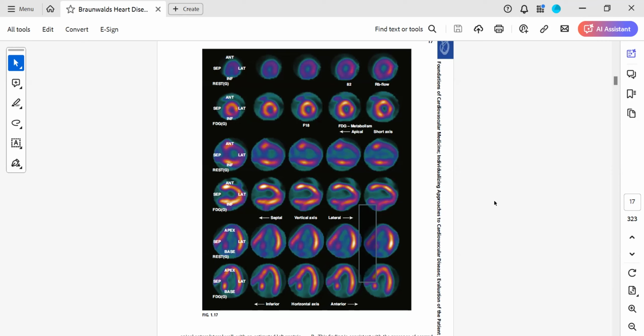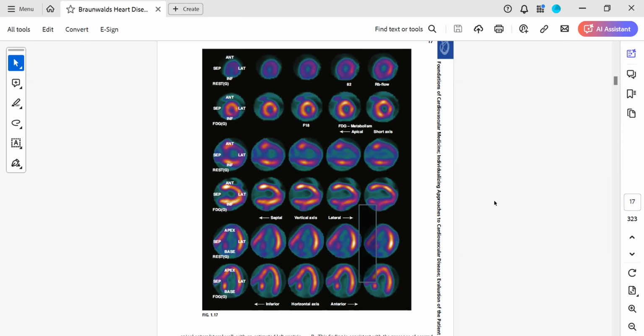Then the second set, I think this is the vertical long axis, showing the anterior, inferior, lateral wall, and the septal wall. Here again, in the last set of images, the top one and the bottom, especially at the apex, there is almost no flow.